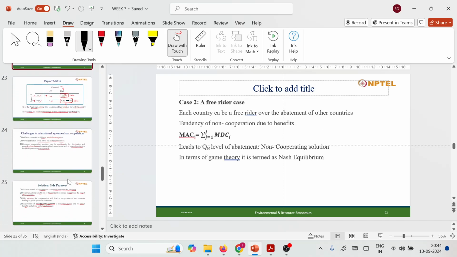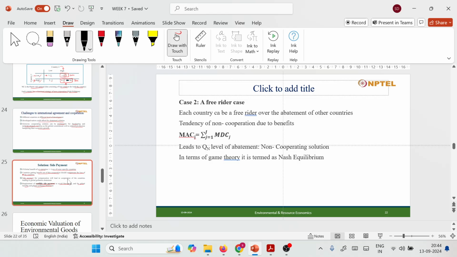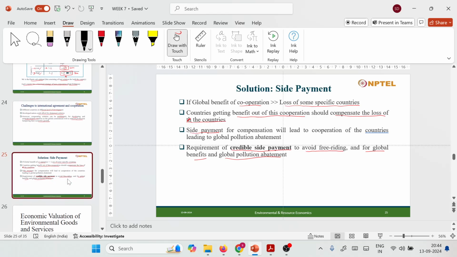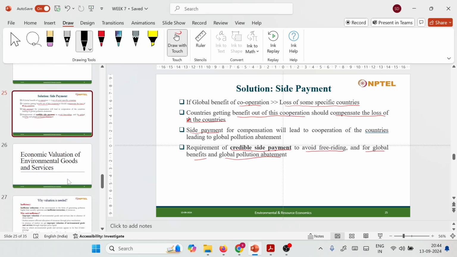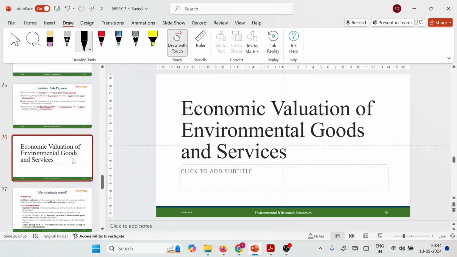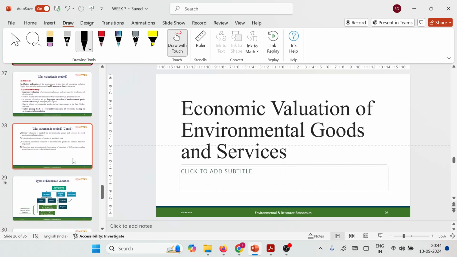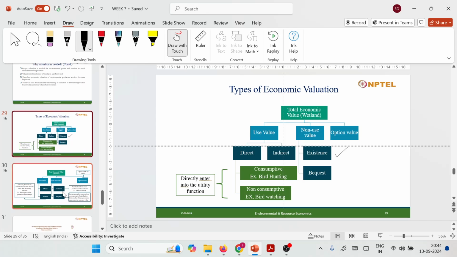From here we moved towards the solution, that is to pay the countries which are incurring a loss because of cooperation. Then we moved to the next module, economic valuation. We talked about the requirement of valuation and the types of economic valuation.